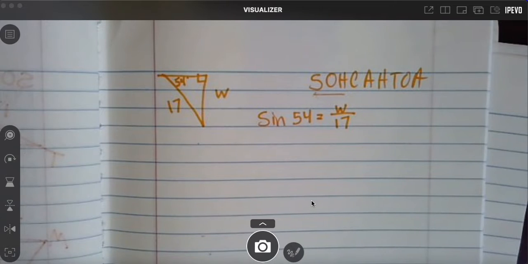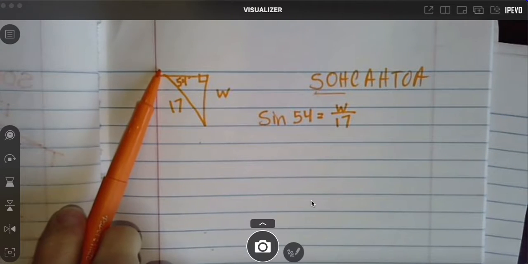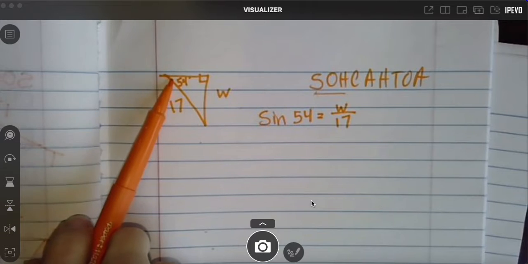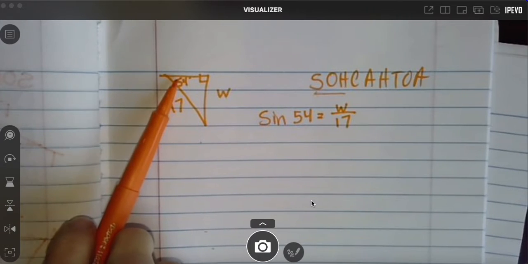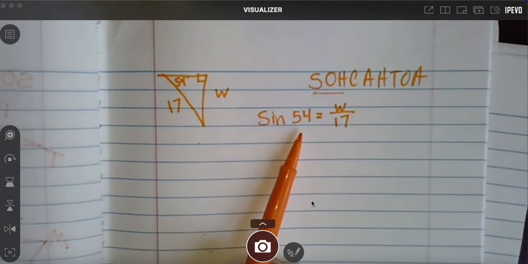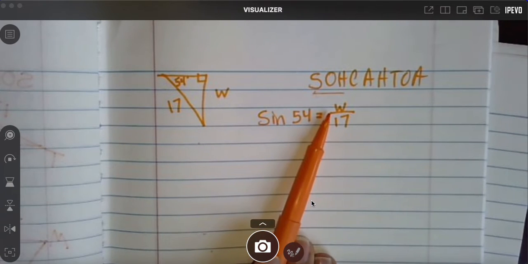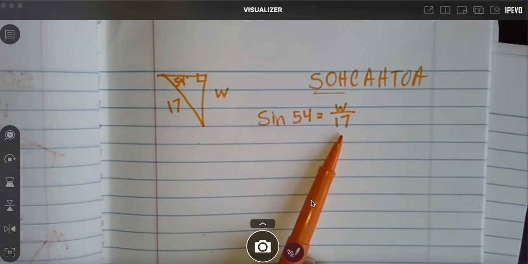Does anybody not understand that part? We're solving for W. We're not looking for an angle this time. We're not looking for a ratio because they tell us our angle is what? 54. So the sine of 54 equals the opposite, which was W, over the hypotenuse.